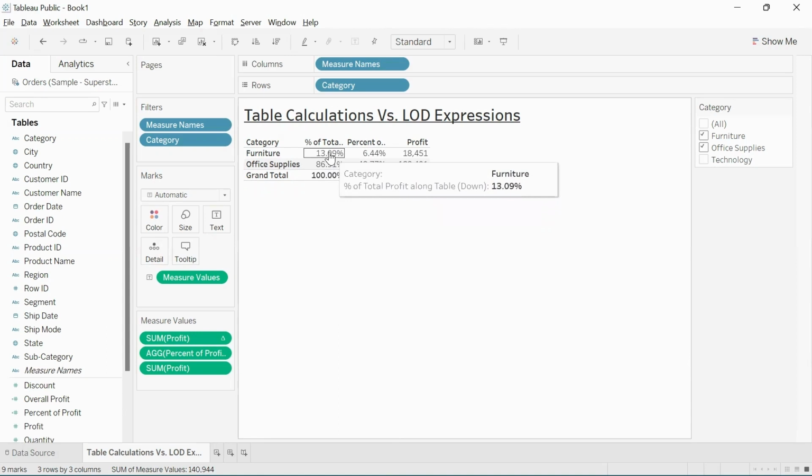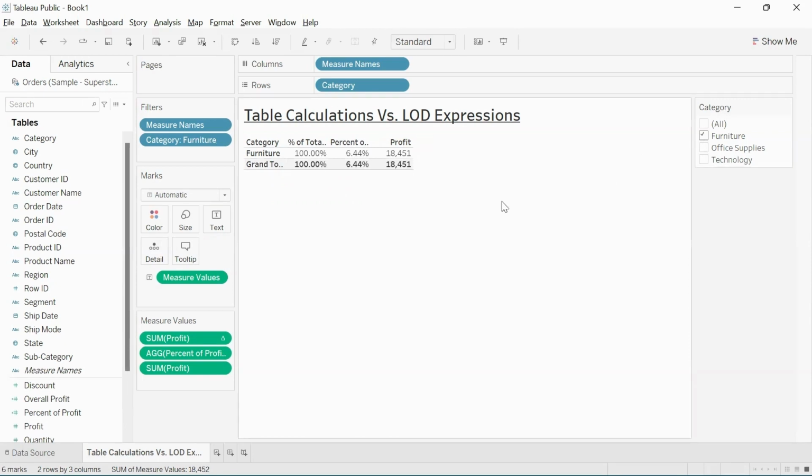The output from a table calculation gets updated based on the data in the graph. Whereas the output from an LOD expression is irrespective of the level of detail in the chart. It is irrespective of the data in the chart, since it has been obtained through fixed LOD, so it wouldn't change, whether or not I'm using the other categories.